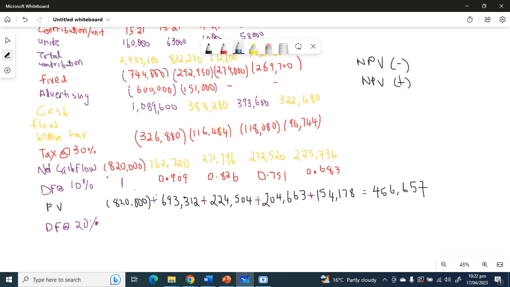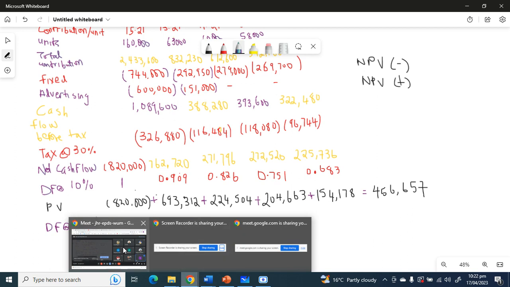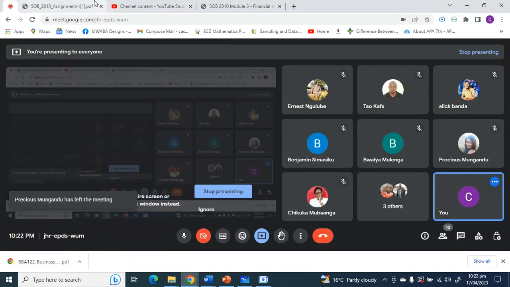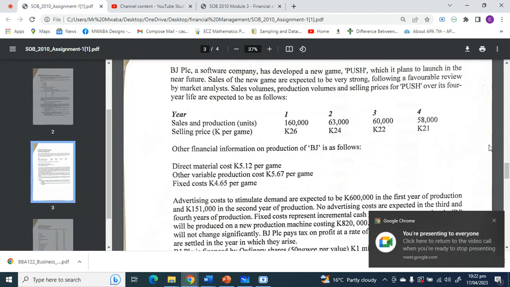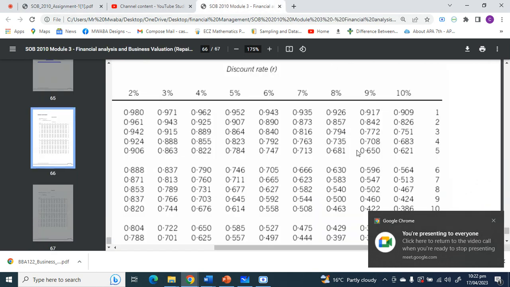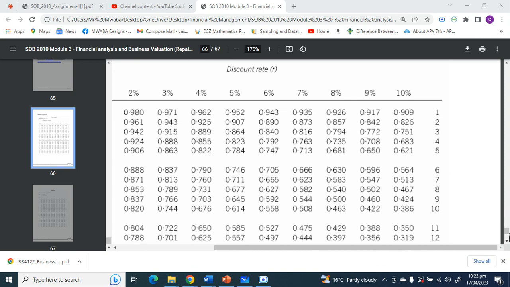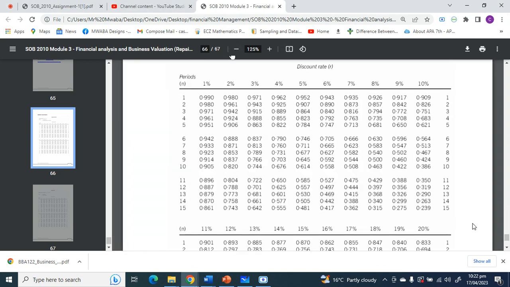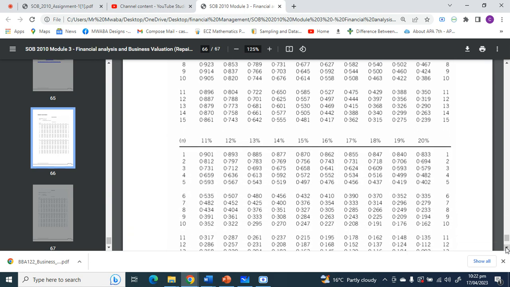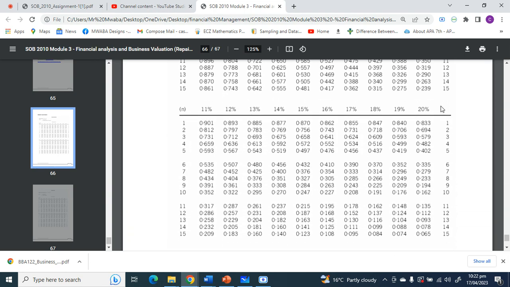We're still going to multiply it with these net cash flows. So let's go to our table and get our discount factor at 20%. Let me just jot them down.